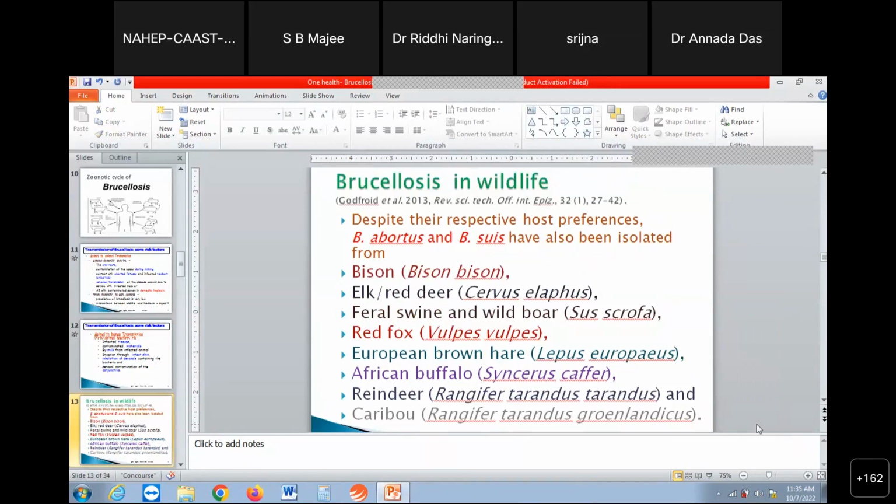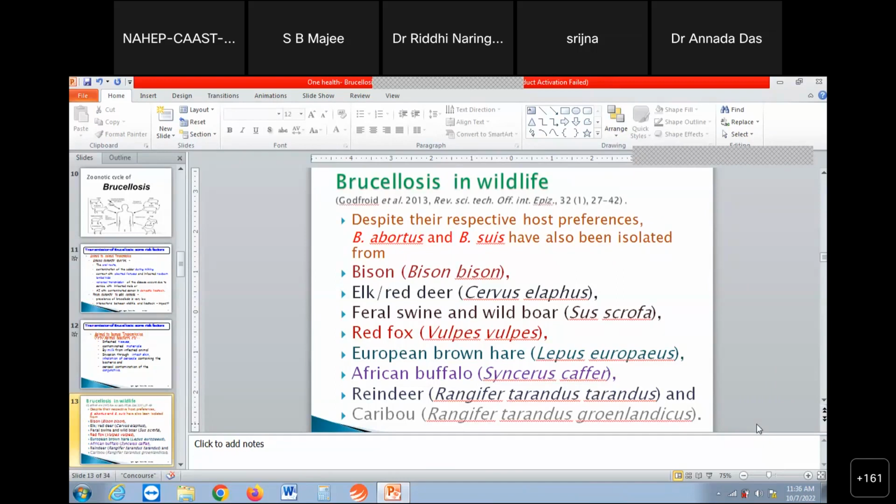So in wildlife, despite their host preferences, Brucella abortus and Brucella suis have been isolated from bison, elk or red deer, feral swine and wild boar, red fox, European brown hare, African buffalo, reindeer and caribou. So these are the number of species, as you can see here, that the organisms abortus and suis have been isolated from.